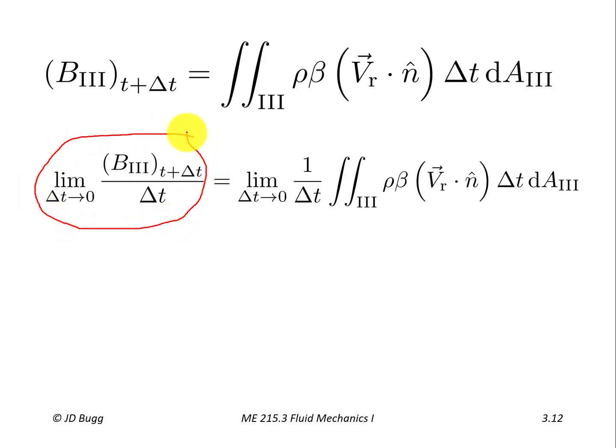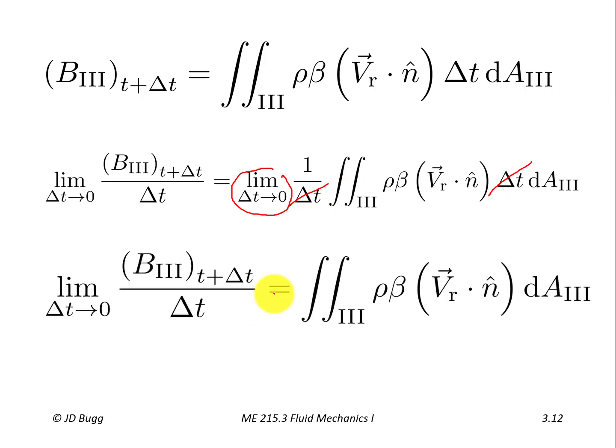If you go back and look at our equation, that's the term that we're trying to get. So we take our right-hand side, we divide by delta t, and take the limit as delta t goes to 0. Well, realize on the right-hand side, this delta t and this delta t in our expression will cancel. So when we cancel those out, we can just get rid of this because there's no delta t left. So as delta t goes to 0, it doesn't change anything.